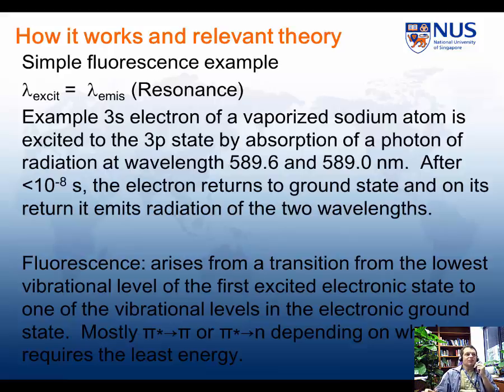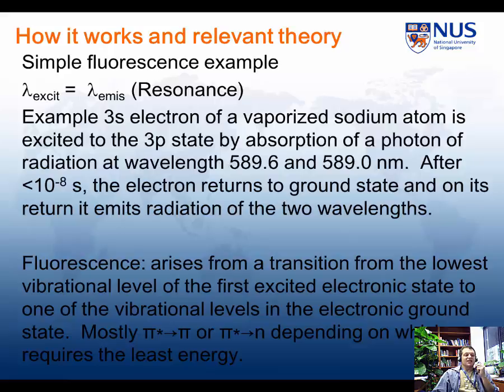Let's take the most simple fluorescence example, which is resonance, and we'll have vaporized sodium atoms, and the 3s electrons are excited to the 3p state by shining radiation at 589.6, 589.0, that yellow colour that you see in street lamps.